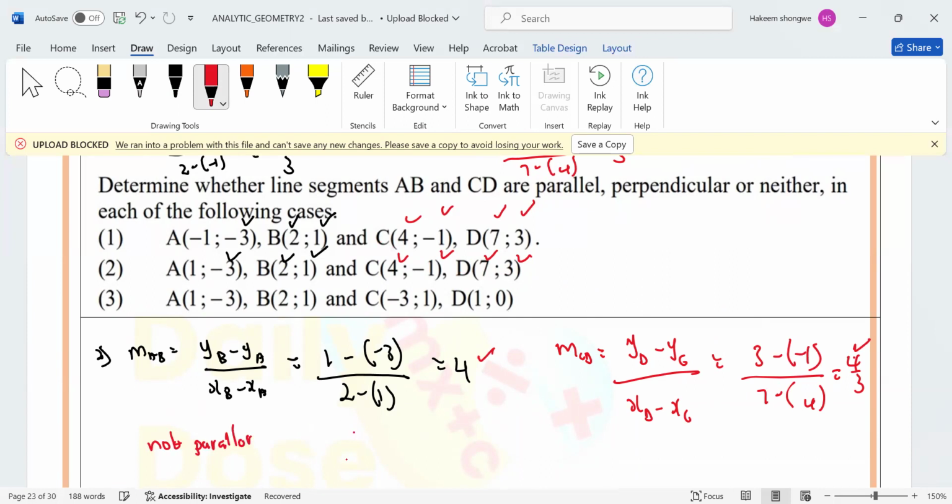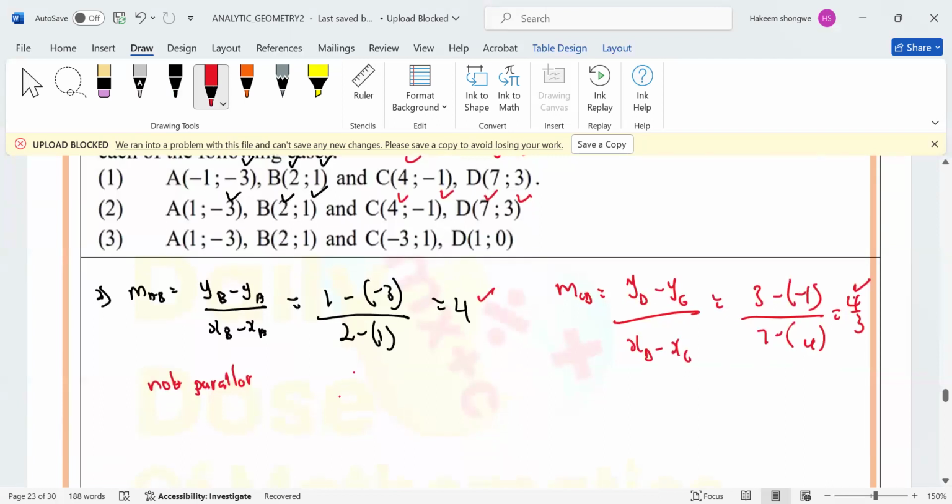Okay, let's try, can they be perpendicular? For them to be perpendicular, this is what I need to have: M1 multiplied by M2 needs to give me minus 1. This is for perpendicular lines. So let me check the left-hand side. Left-hand side, I am going to have M of AB multiplied by M of CD.